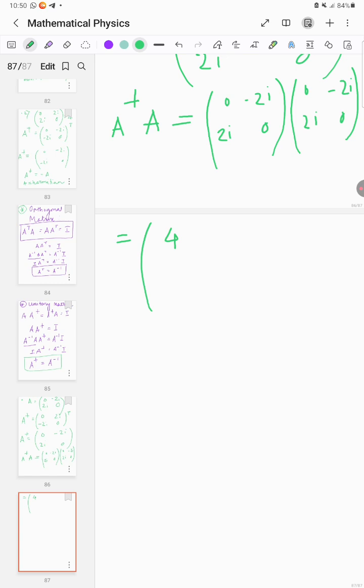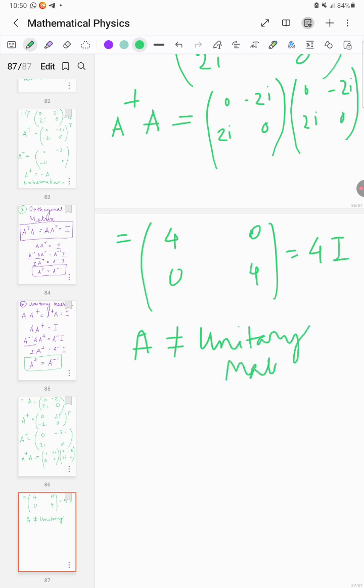This becomes 0, again this becomes 0, and this becomes 4. So this is not becoming equal to I. So this is not a unitary matrix. Alright. So A is not a unitary matrix.